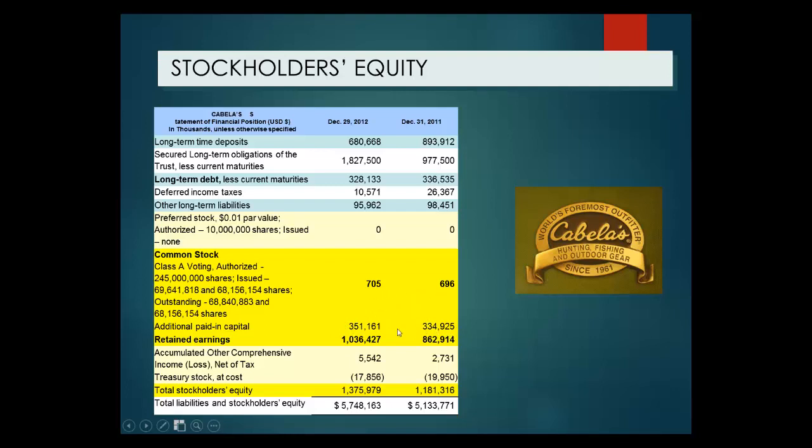So this reflects the variation in market price to the par value of the stock. Okay, we can see that liabilities and stockholders' equity went up, and most of that increase was not in liabilities so much as in retained earnings, although you can see that long-term obligations did go up here.